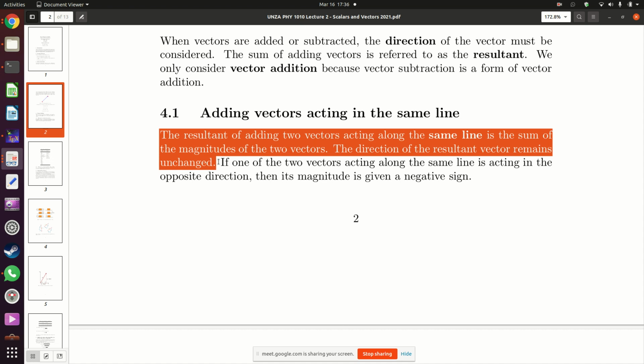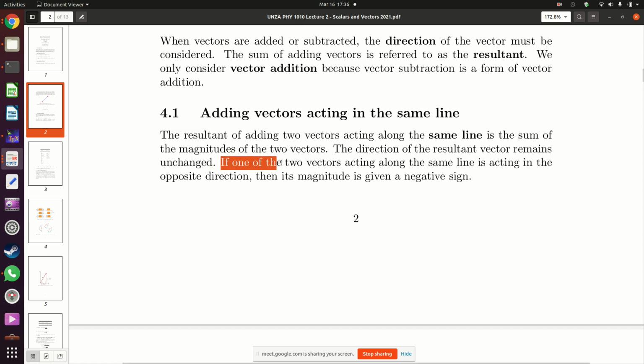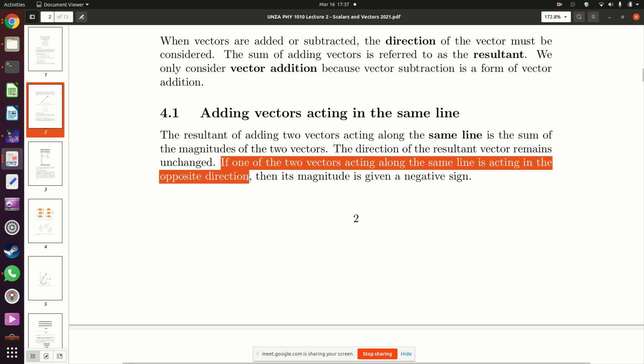Yes, sir. If one of the vectors along the same line is acting in the opposite direction, okay? So you have vectors parallel pointing in a particular direction, then one of those vectors is pointing in the opposite direction.